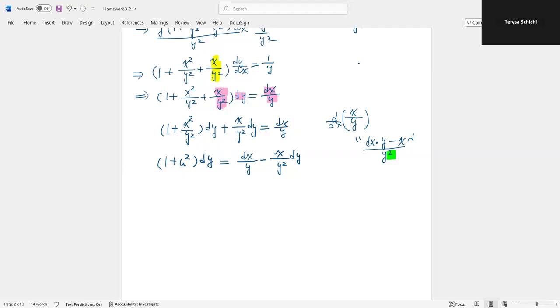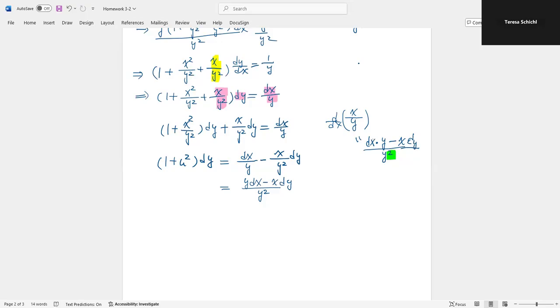So now, if I combine these two, I will find the common denominator y squared. So this one will just be y dx minus x dy.